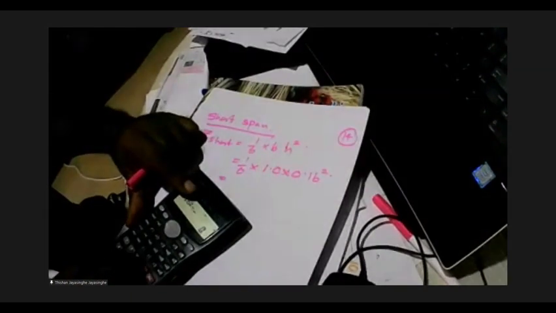So what we have to do is consider the short span direction initially. So we have to find the Z value, short span: Z equals b h squared over 6, breadth is 1 meter, so 0.16 squared divided by 6, that is 0.00427. That is the Z value.